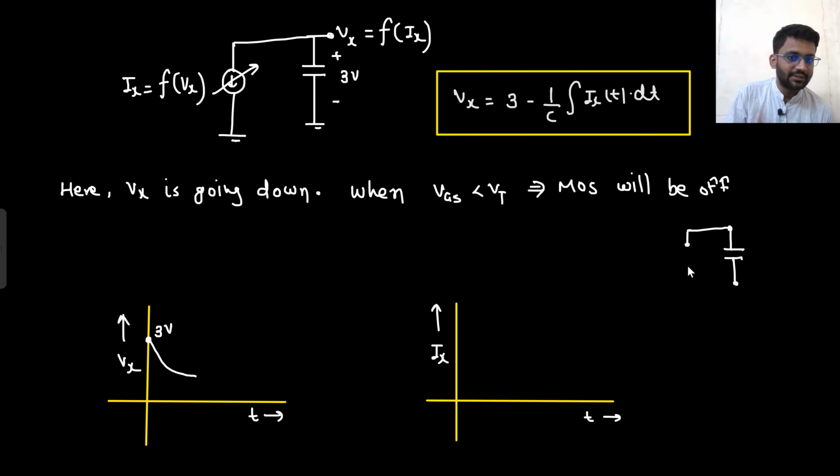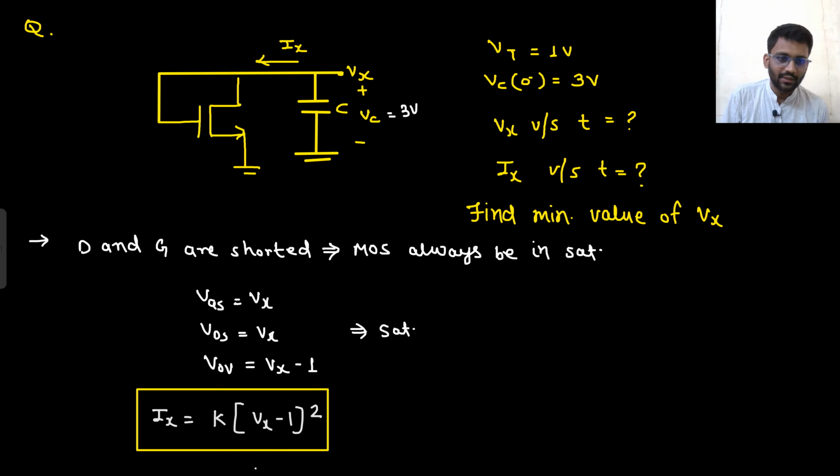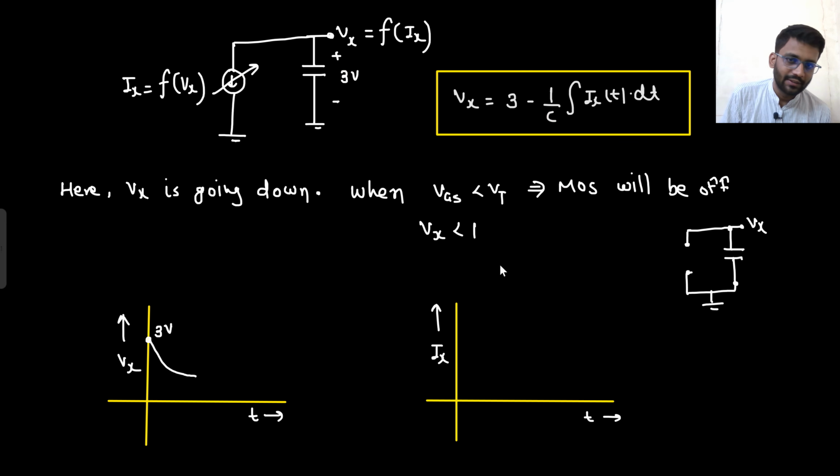Because it is off, that means there is no current. So the MOS will be open circuited, and this was the ground. This was your Vx potential. What is your VGS? VGS is Vx only. When it is less than Vt, your MOS will be turned off.